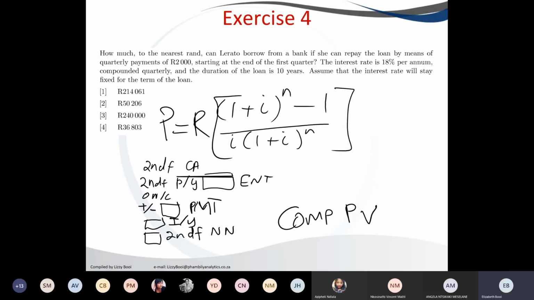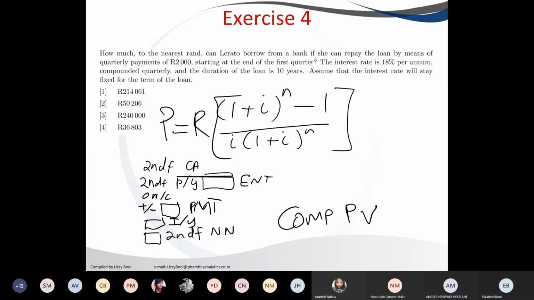And with that, option number 4 will be your correct answer that you will get when you use the present value.